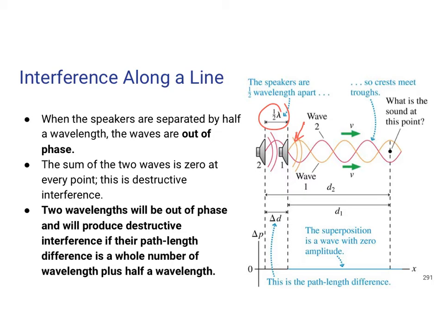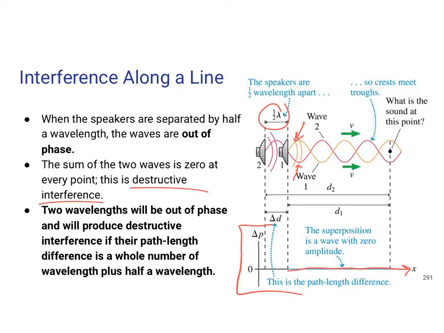Speaker two is putting out the magenta, and at the same point in time, we have an area of rarefaction. So I have an area of high pressure combining with an area of low pressure, and with the concept of superposition, my net pressure is always just the normal pressure. So in here we have some destructive interference.